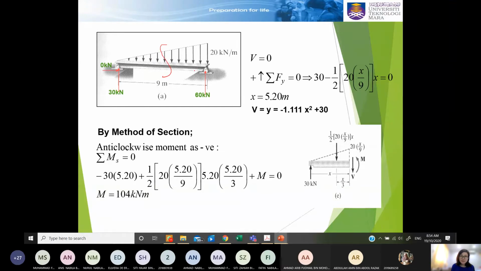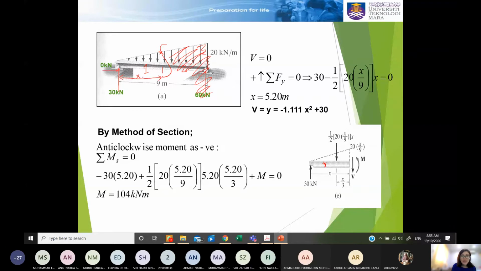So we are going to cut it here. You can choose either section 1 or section 2 to analyze. In this case, we are using section 1 to analyze. Here, when we cut at, let's say, point O or X, we don't know what this height value is.